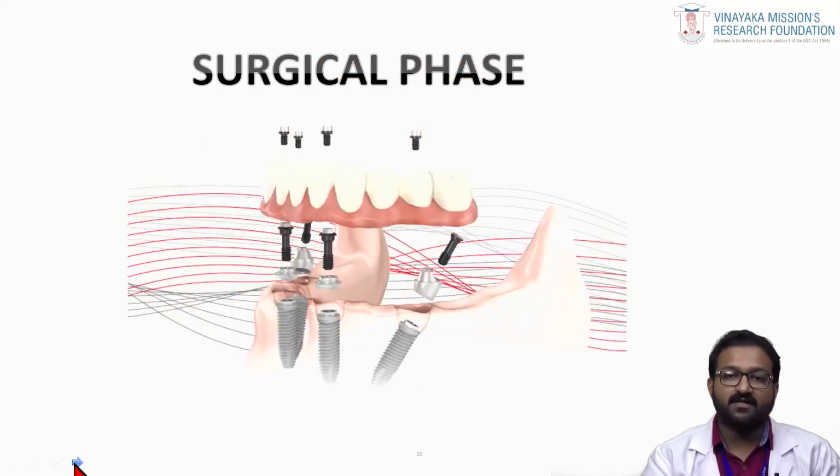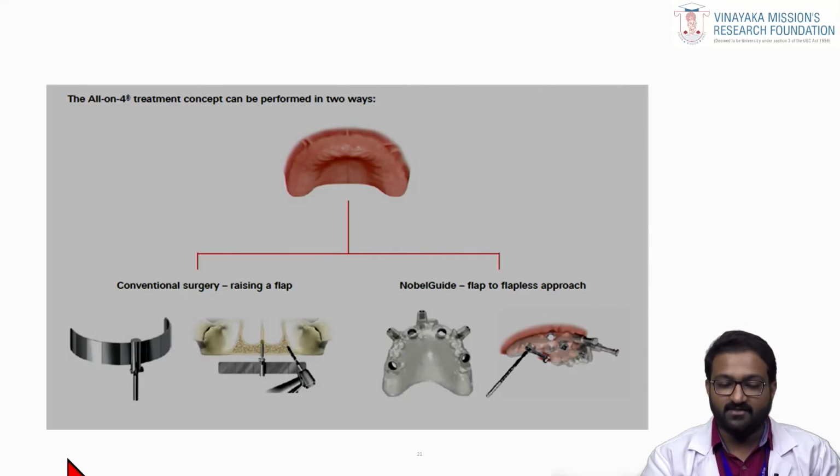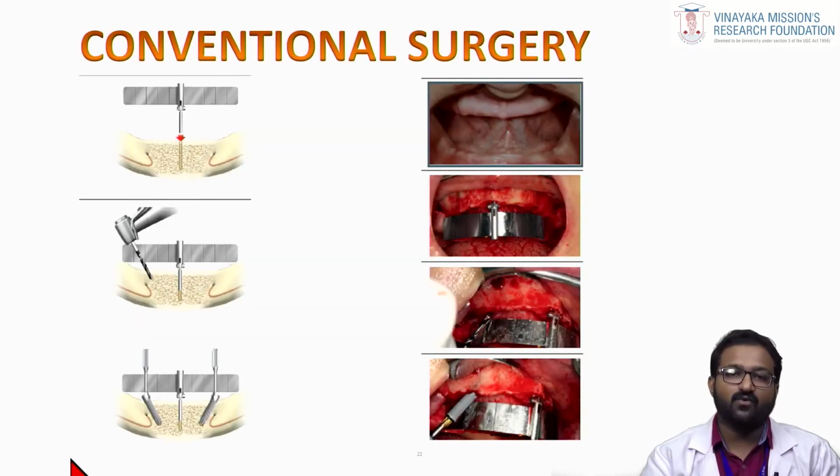We will see the surgical phase of all-on-4 placement. There are two concepts of placement. One is conventional, and the other one is guided surgery. The conventional is where you raise a flap and then place the implants. So this is how the patient looks. The flap is elevated, and this is called a Nobel guide.